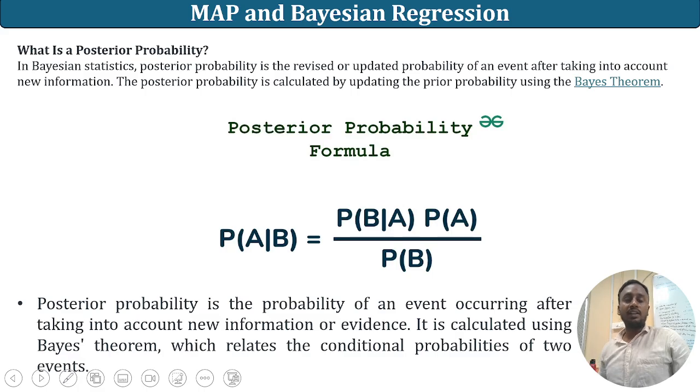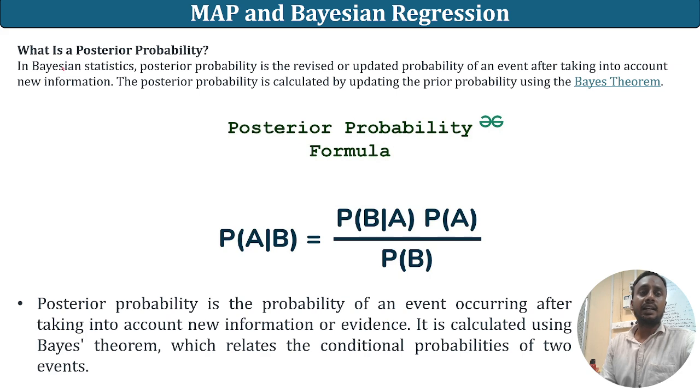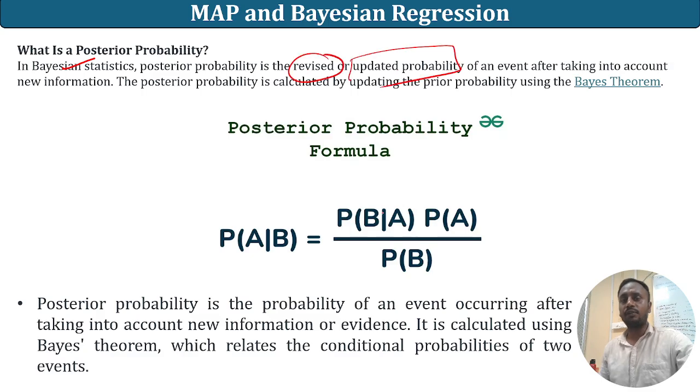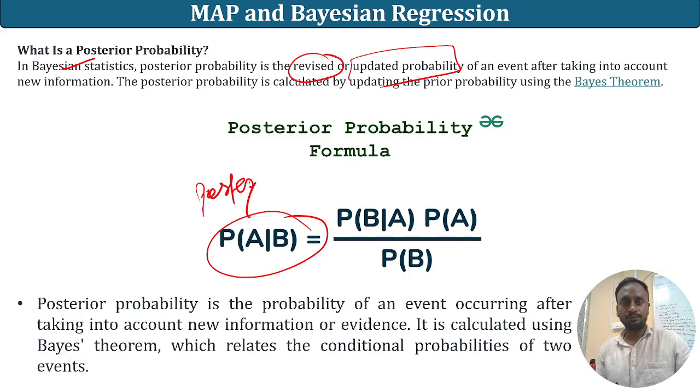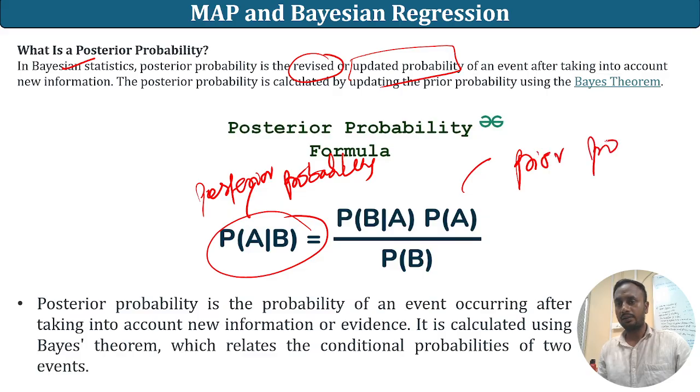Now we'll come to what the posterior probability is. In Bayesian statistics, it's the revised or updated probability after getting information from the previous one. So this is the posterior, and this will be the prior probability.